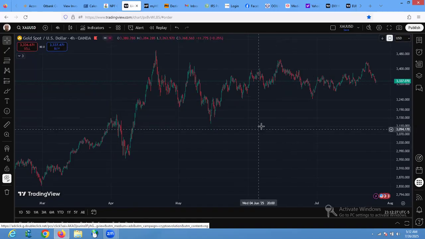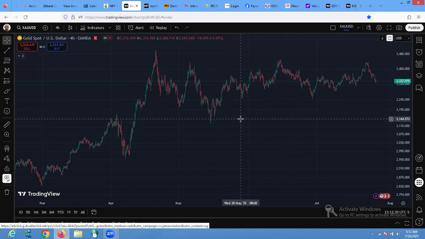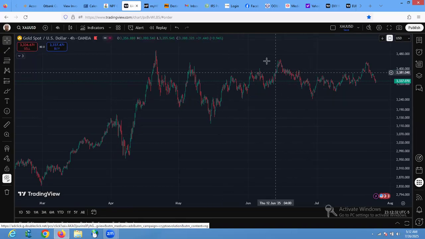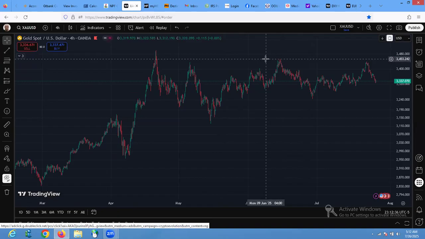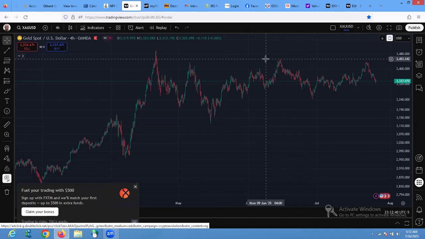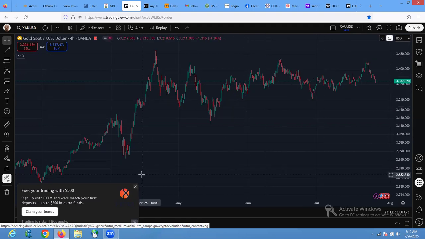And you can see that it is clearly in a wedge. In this kind of move, I think it is an ascending wedge where we had seen these tops almost unmoved, but it is now wedging up.